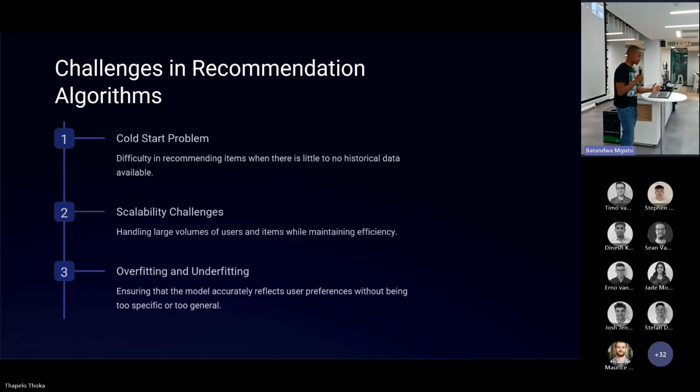And we can also use a hybrid recommendation system to circumvent this. And then there are scalability challenges, especially when we have to handle large volumes of users and items, and overfitting and underfitting lastly, ensuring that the model accurately reflects user preferences without being too specific or too general.